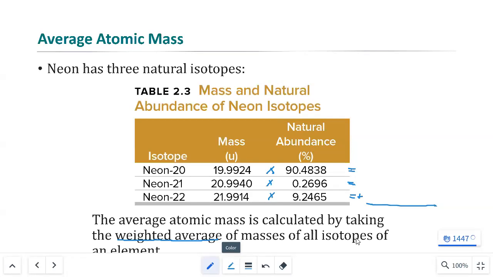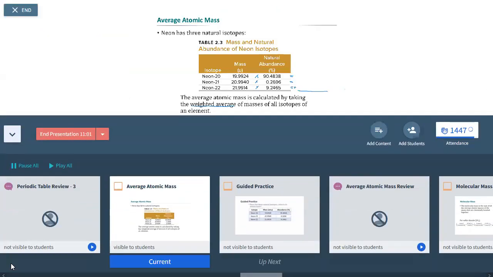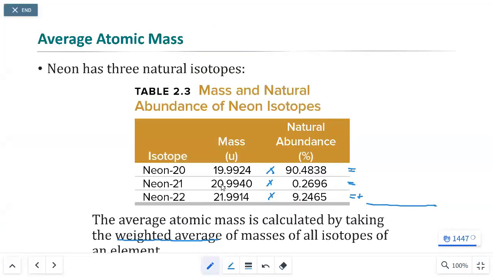So that is our ultimate goal as far as average atomic masses are concerned: we're going to use these percent abundances and these isotopic masses to generate what will eventually go onto the periodic table as the average mass of that particular isotope.